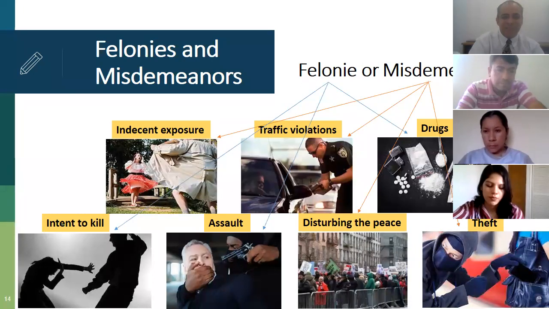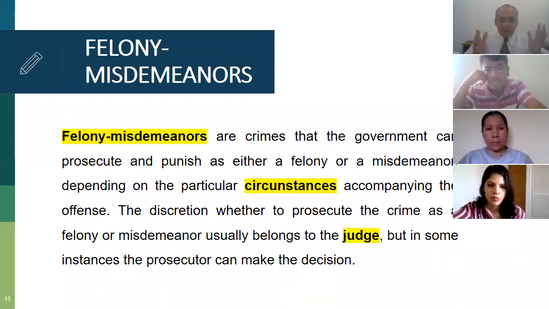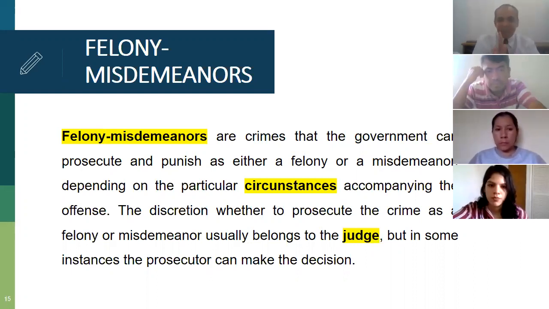Yeah. Thank you. Okay. What about when, like I said a few minutes ago, the line is between felony or misdemeanor? Well, in these circumstances, whether it is misdemeanor or felony, the decision belongs to the judge.